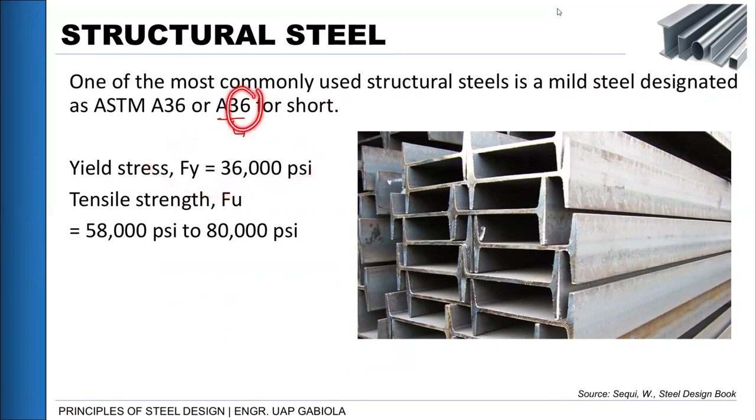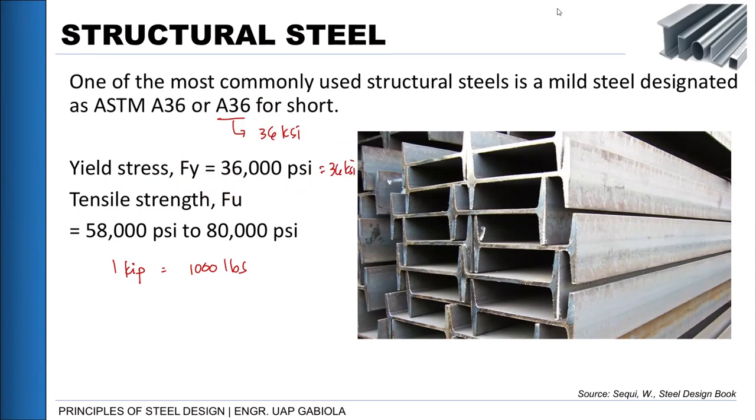So the 36 number here stated dito sa ASTM 36, that is actually 36 KSI wherein yung K is dubbed for kip and 1 kip is equals to 1,000 pounds. That's why 36,000 psi is also equivalent to 36 KSI.